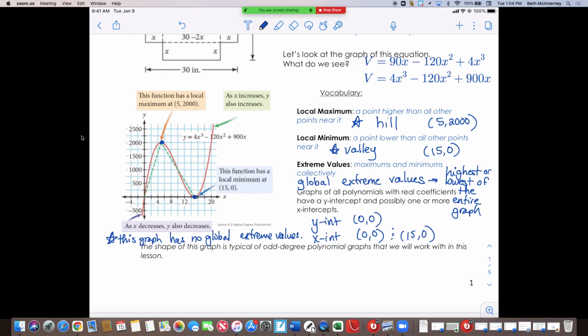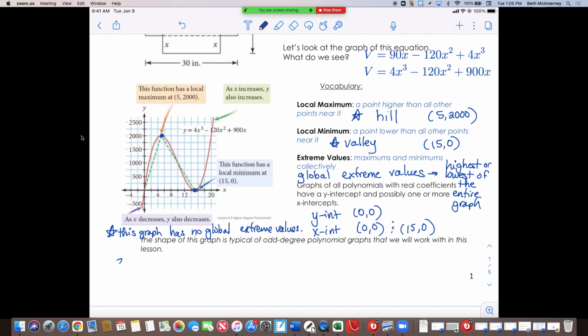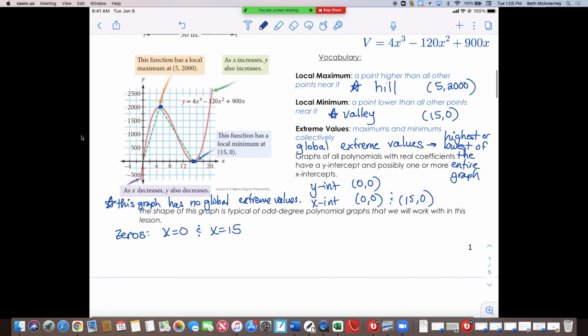I want to talk a moment about the zeros on this graph. My zeros are at x is 0 and x is 15. And I want you to notice something about this graph and the equation. If I looked at what I wrote down, where if I set it equal to 0, I would have 0 equals x times the quantity 30 minus 2x squared.